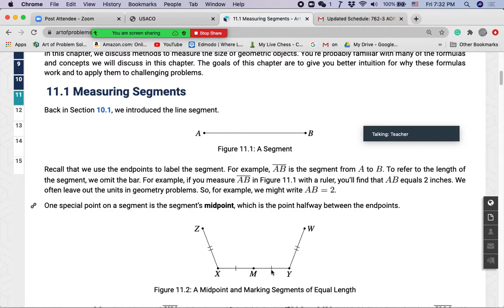So then we use a little tick here. This one, XM equals MY. Then if we have another segment XZ equals YW, you can use double ticks to represent that these two line segments have the same length.